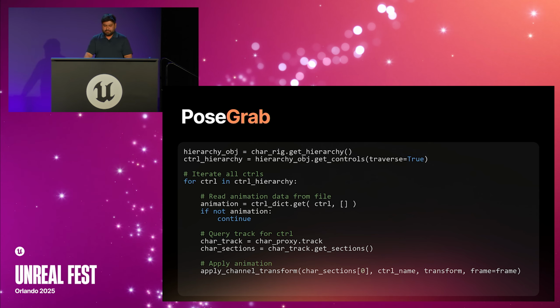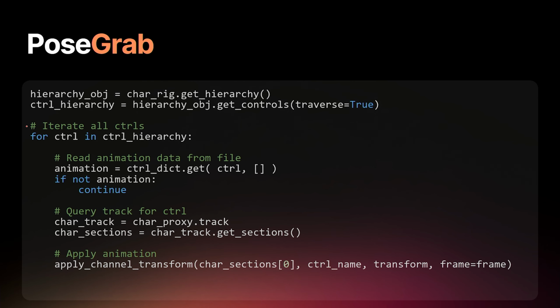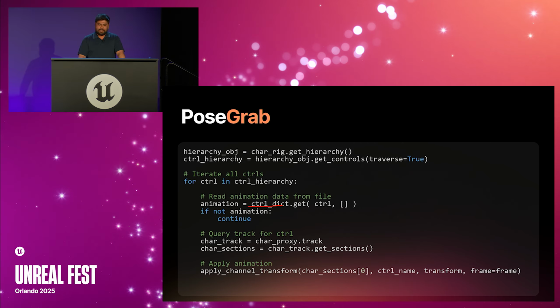And to apply the animation back, we can read the JSON file that I just mentioned, save it into a dictionary, and use the tracks from the control rig to reapply the animation, which comes back to the sequencer part of my presentation. All of the control rigs have a track and sections, and each of the controls is represented by a channel in the sequencer.